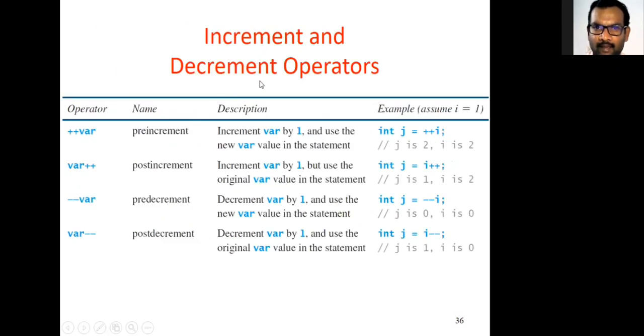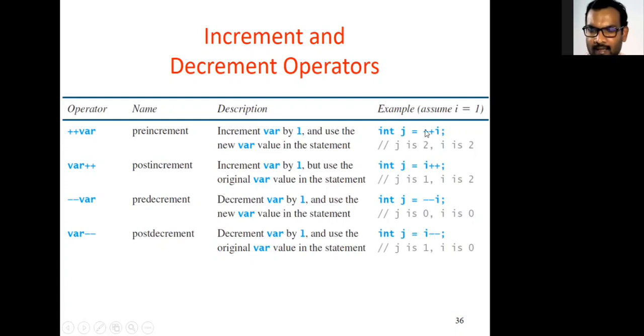Similarly, increment and decrement operators are called unary operators: pre-increment, post-increment, pre-decrement, and post-decrement. See this plus plus followed by the variable. That means first we perform the increment operation, and then the value is assigned. For example, see this one: int j equal to plus plus I. Here, the value of I is incremented first.